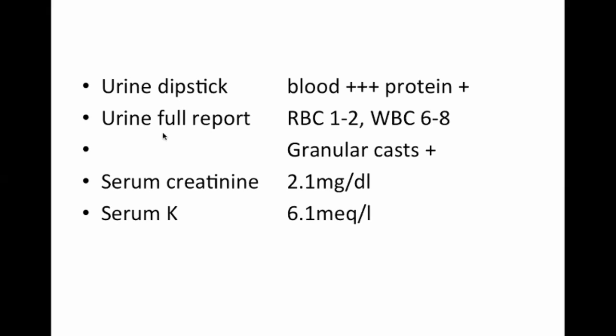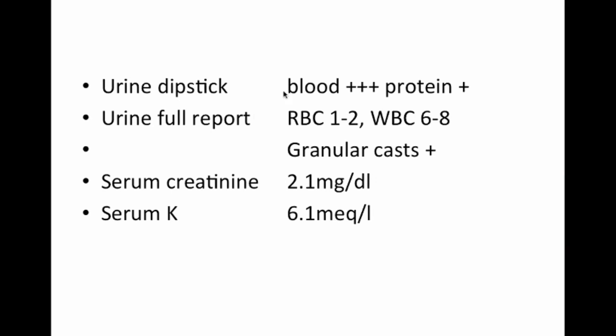What you check in the urine dipstick for blood is actually the heme component. Red cells have heme because hemoglobin is inside the red cell, so when you have red cells, you get blood positive. But with myoglobinuria or hemoglobinuria, you also get the heme component in myoglobin as well as in hemoglobin. So even when there is no hematuria, the urine dipstick will become positive.